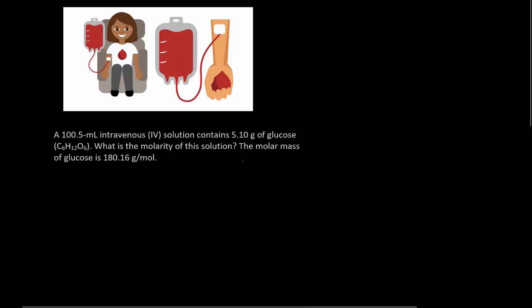All right, I'm going to write that up here. Big M, that means molarity, is moles of solute divided by liters of solution. So this is what we're going for. Here's a way to do this with dimensional analysis.